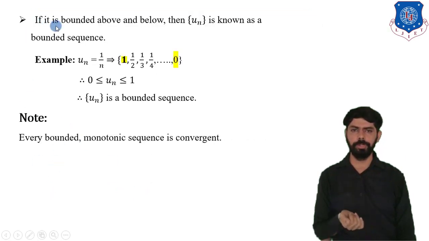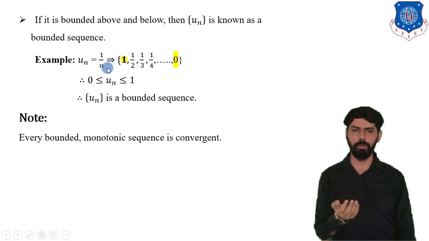Now if it is bounded above and below, then sequence un is known as a bounded sequence. A sequence is said to be a bounded sequence if it is both bounded above and bounded below. For example, un is equal to 1 divided by n. Here if we put different values of n starting from 1, it will be 1 divided by 1, then 1 divided by 2, then 1 divided by 3, then 1 divided by 4, and so on.